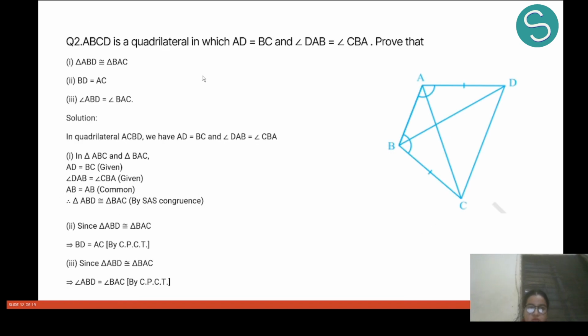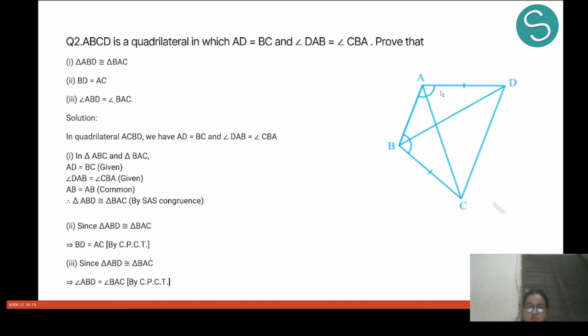Now question 2. ABCD is a quadrilateral and AD equals BC and angle DAB equals angle CBA. We have to prove that triangle ABD is congruent to triangle BAC, and BD equals AC, and angle ABD equals angle BAC. So firstly we will consider two triangles, triangle ABD and triangle BAC, right?